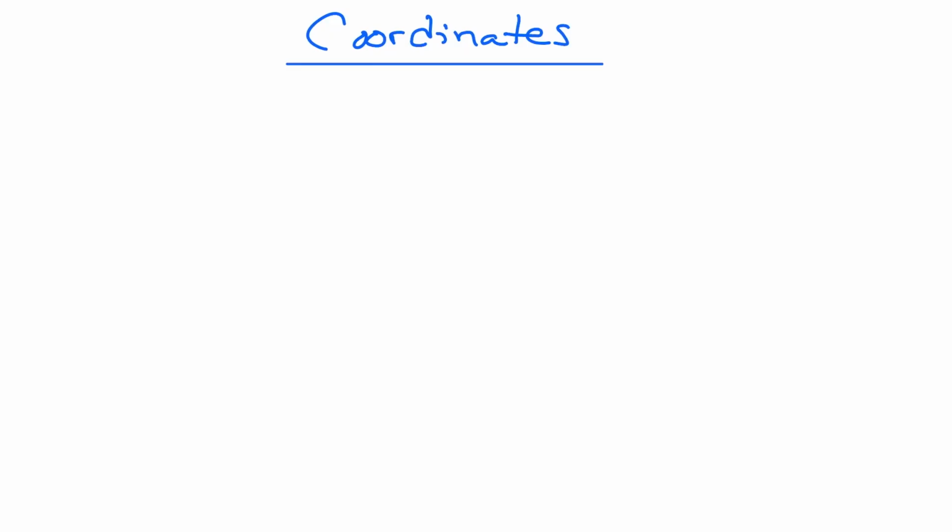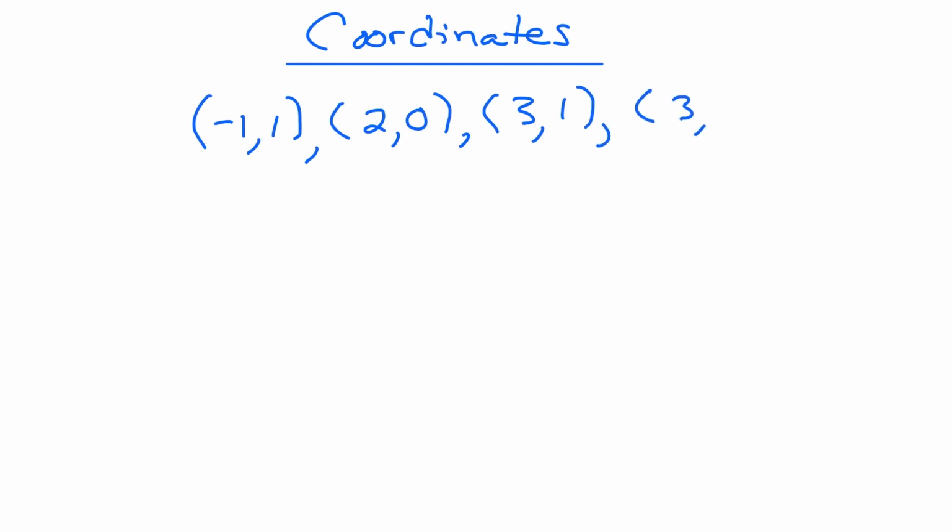There are 4 major ways that you can see if a relation is a function. The first way you'll be given information is as coordinates. You could be given the coordinates: (-1, 1), (2, 0), (3, 1), (3, 2), (4, 5). So we have 5 coordinates written down here. Now all of these are fine except the input of 3.